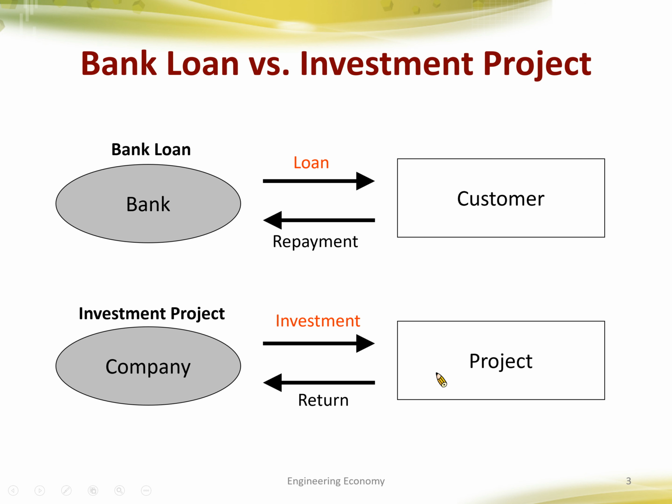Okay, so later we'll see these two cases, but you have to remember what role you are taking. If you are borrowing money, you want the interest as low as possible. If you are investing in a project, you want the return as much as possible. One, the lower, the better. The other, the higher, the better. So remember that you have to figure out which role you are taking so that you can make the right decision.